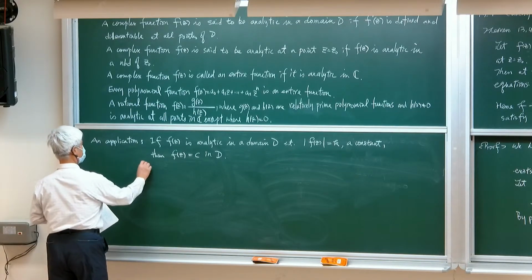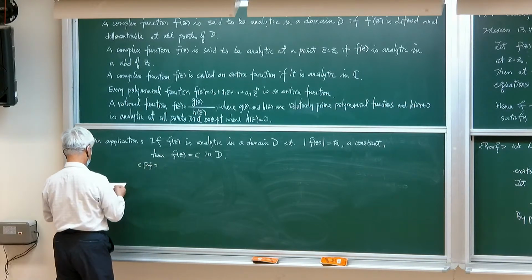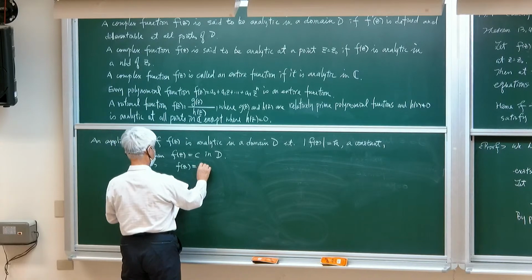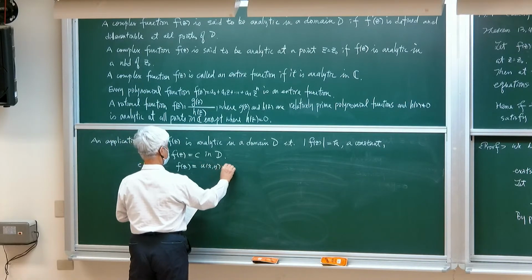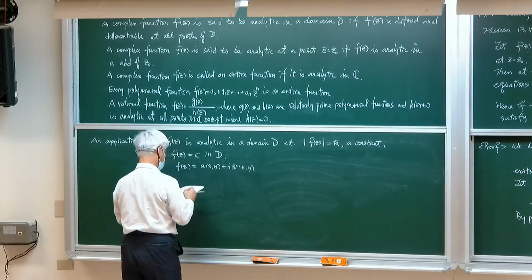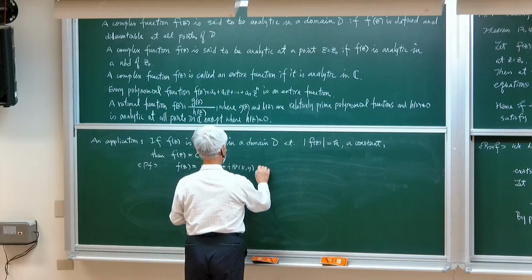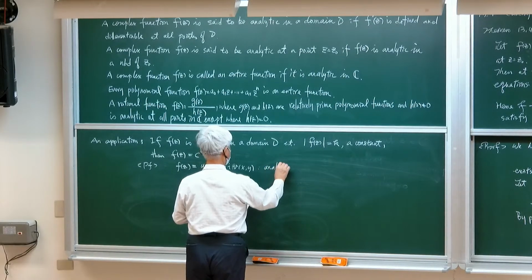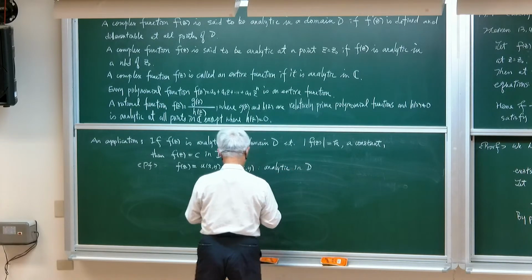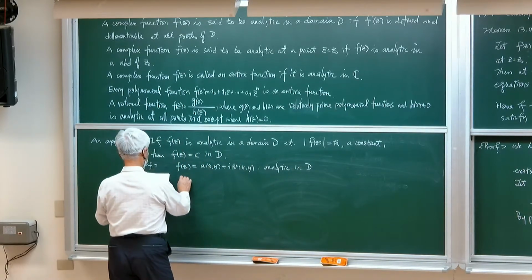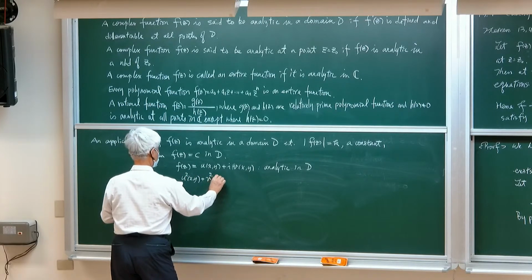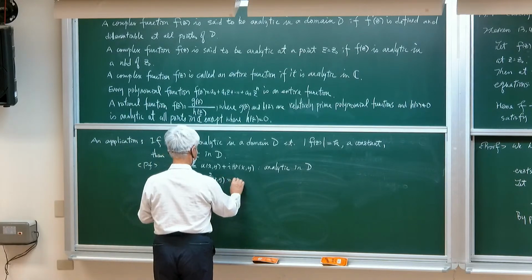All right, so now we show this. f of z is equal to u of x y plus i v of x y, which is analytic in the domain D, and such that we know that u squared plus v squared is k squared.